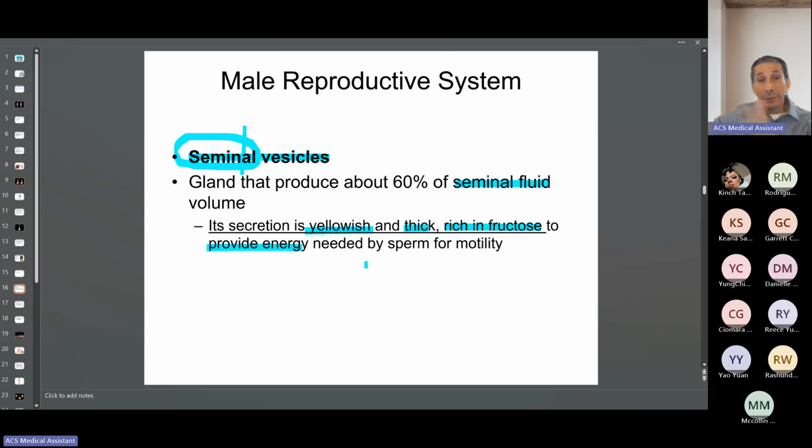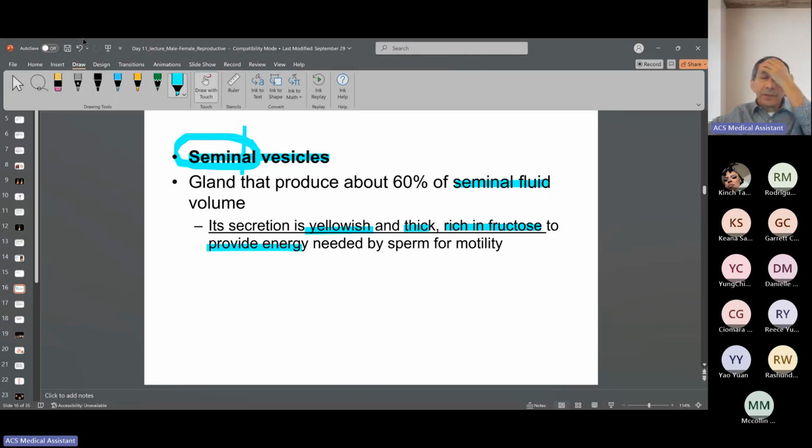As the sperm passes through the seminal vesicles, they're going to absorb, eat, whatever you want to call it, swallow this fructose. So they get energy and they continue traveling through all these tracks. It's like fuel for them. They need gas to keep on going. That's energy. So that's the seminal vesicles.